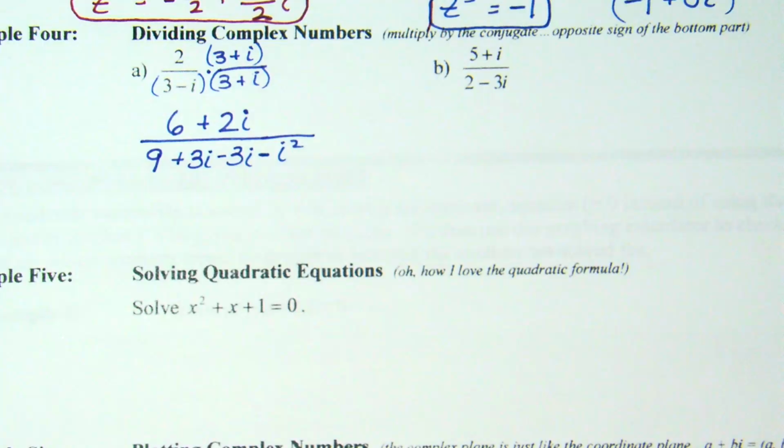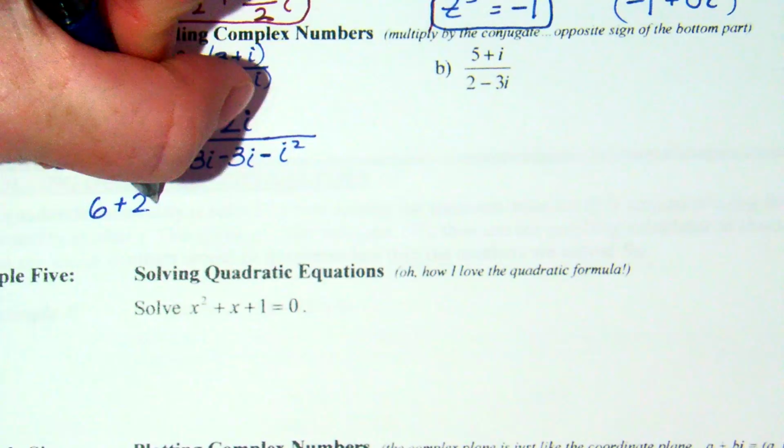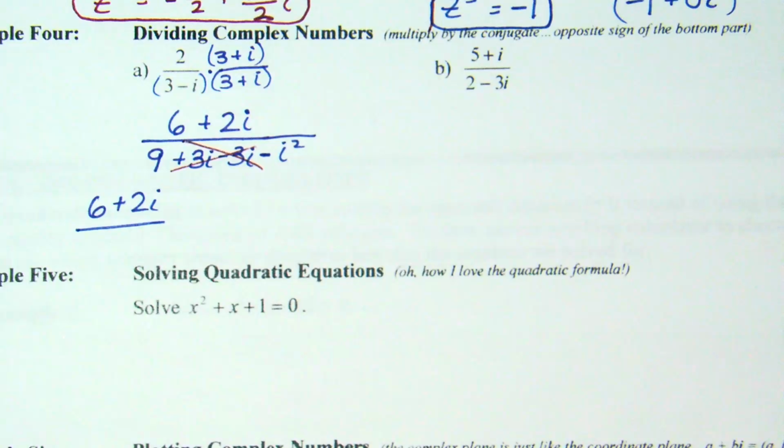Yeah, you could think of it if you want as minus negative 1. Because if it's minus i squared, it's minus negative 1, which is really plus 1. And 9 plus 1 is 10. Okay? 6 plus 2i over 10 is where I'm at.